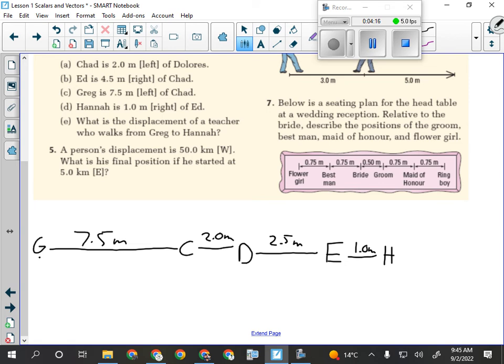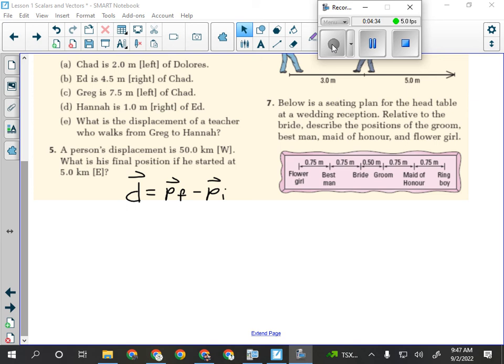I want you to try number 5, keeping this formula in mind. So in this question, they tell us that the person's displacement, they actually give me d, is 50 kilometers west, and I'm looking for the final position.